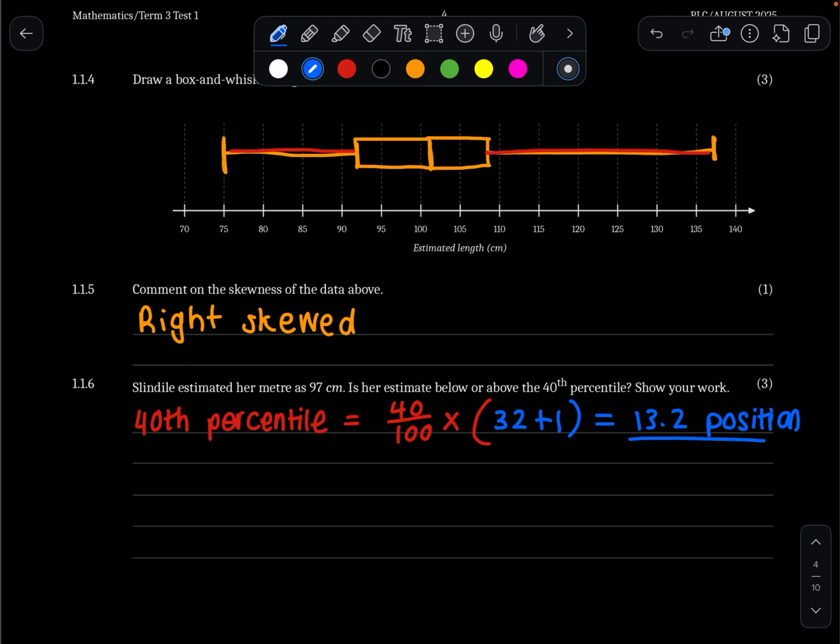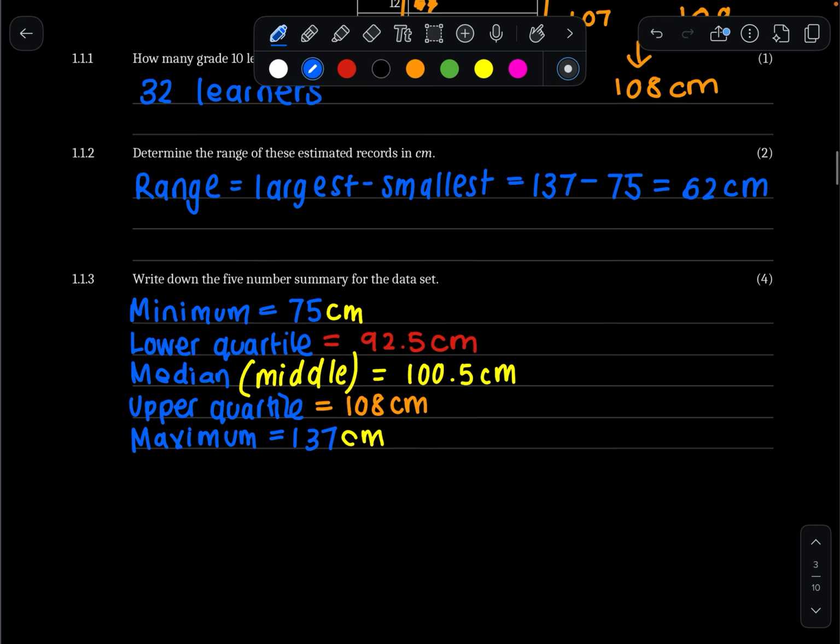So we need to go find what is the 13th position. And what is the 14th position. So we can work out what is the actual value of this 40th percentile. Okay, so let's go look here for the 13th and the 14th number.